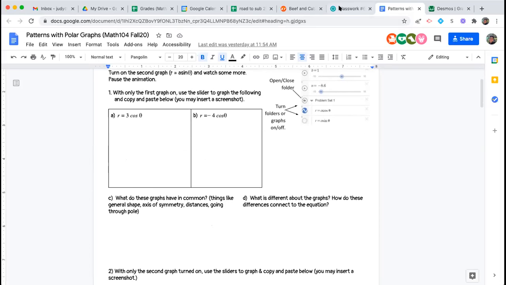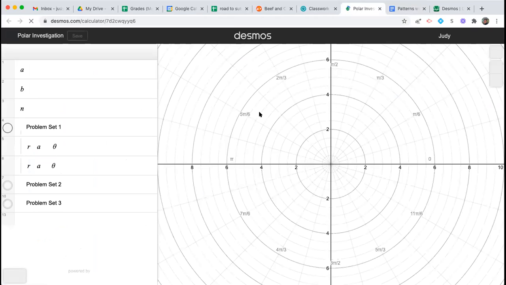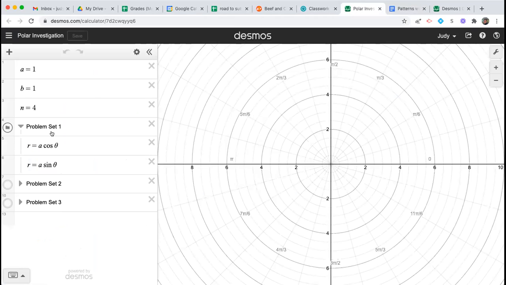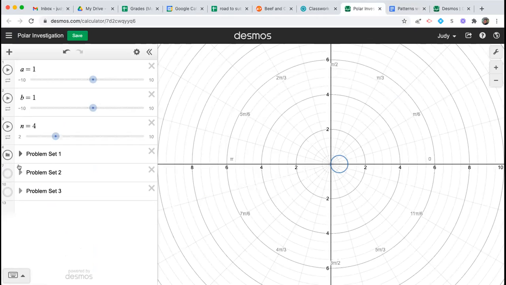But what you're going to do is if you go back to the classwork, there's also a link to a Desmos activity, okay? And so all the questions are asking you to work with this piece. You go problem set by problem set. So problem set 1 is like the first few questions. When you're done with that one, you can close it and open problem set number 2 and problem set number 3, okay?